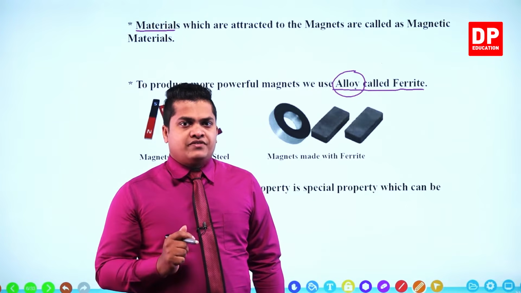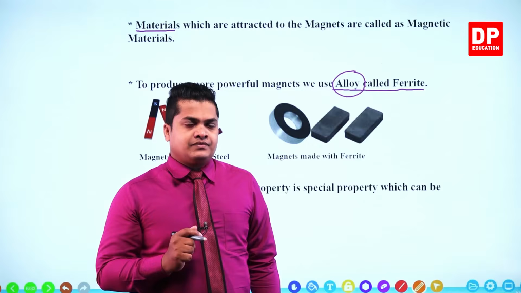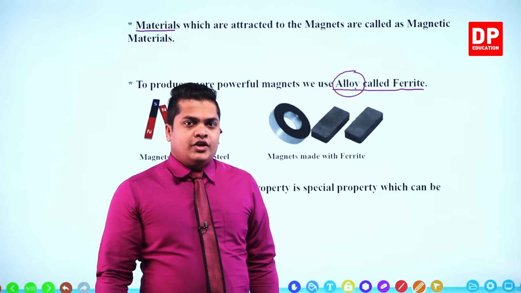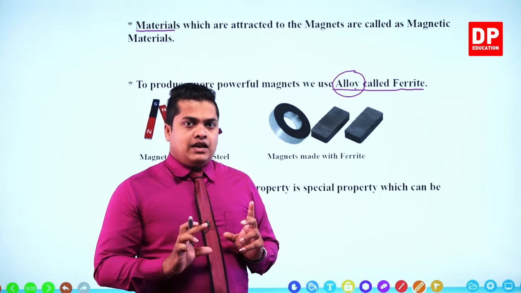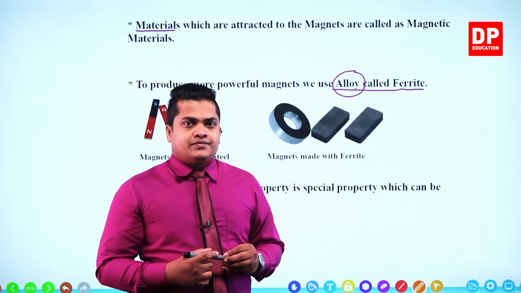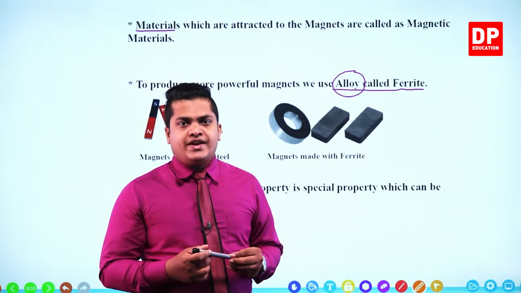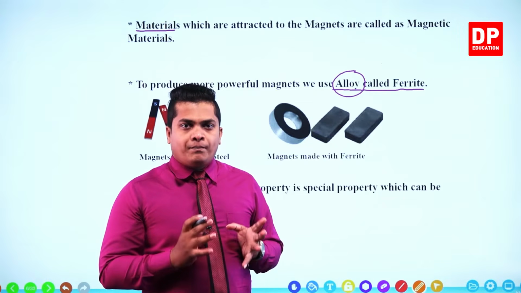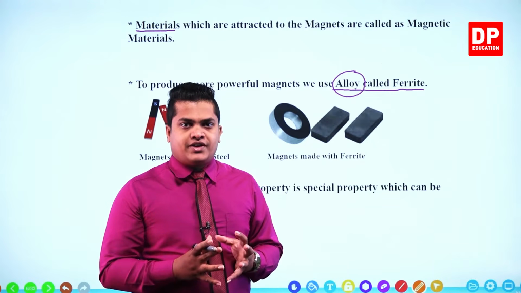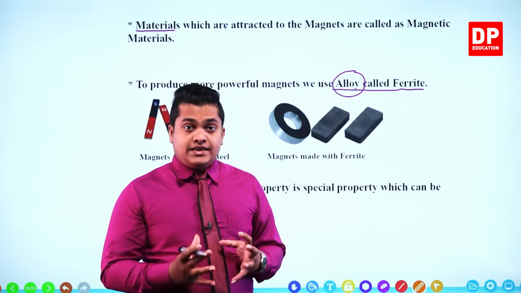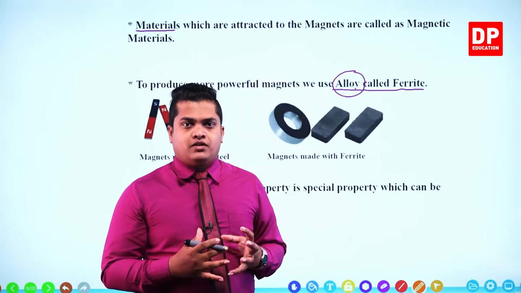I can provide you several examples of an alloy. Take brass. You can remember we took a brass nail in the earlier experiment. Brass is made by adding copper with zinc. Copper is a special type of metal and zinc is also a special type of metal.